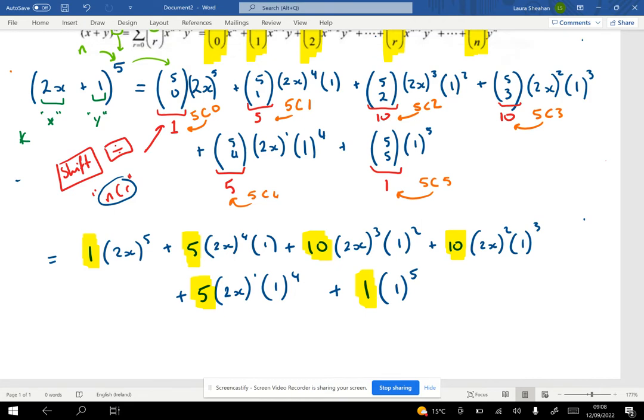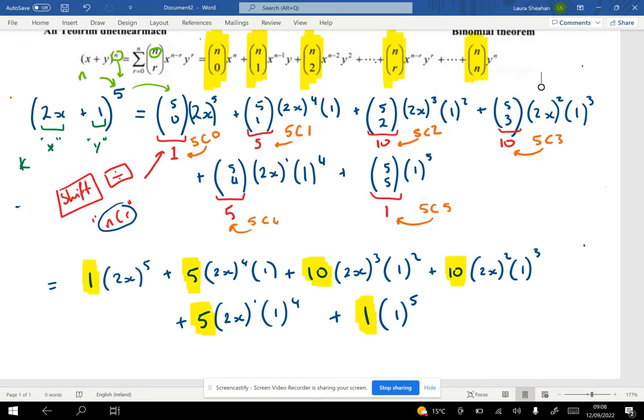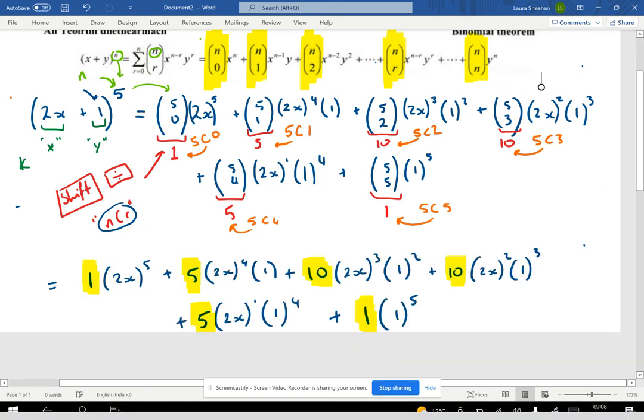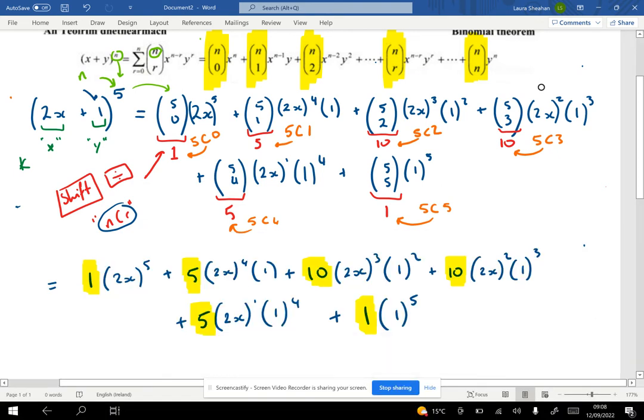In the equation, again, we talked about this a bit more on Friday. We start out with just the first term to the full power of 5, and the first term lowers its indice each time. So I go from the power of 5, to the power of 4, 3, 2, 1, and 0. The y term, the second term in the original bracket, so I'm talking about this one here, starts off at a power of 0.